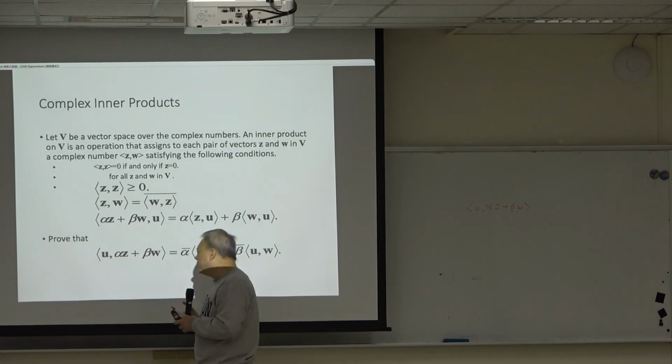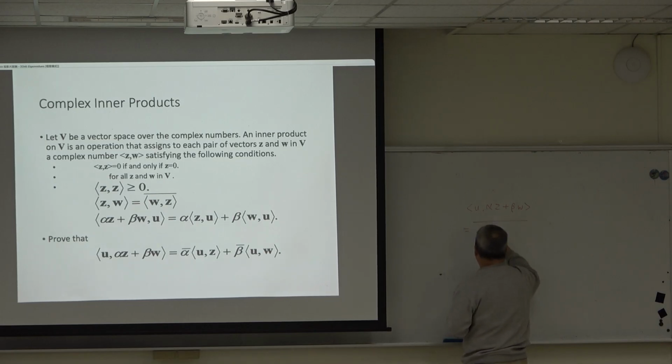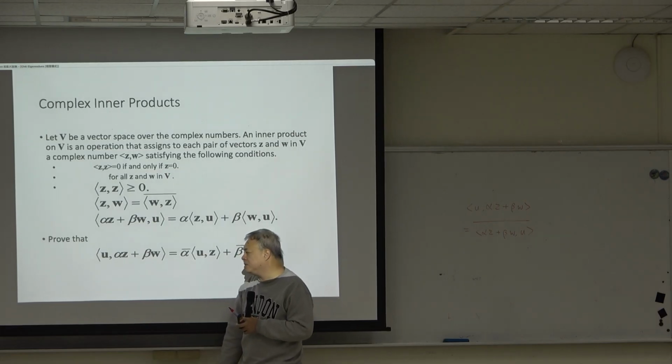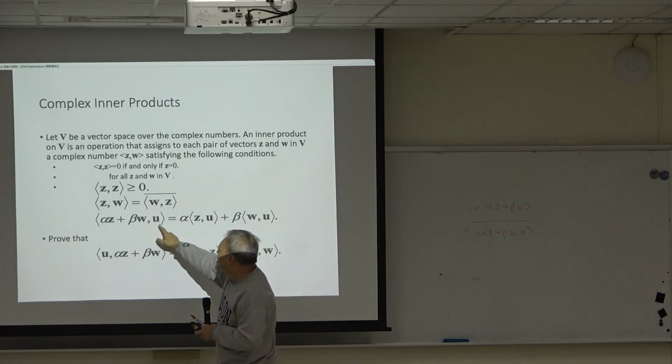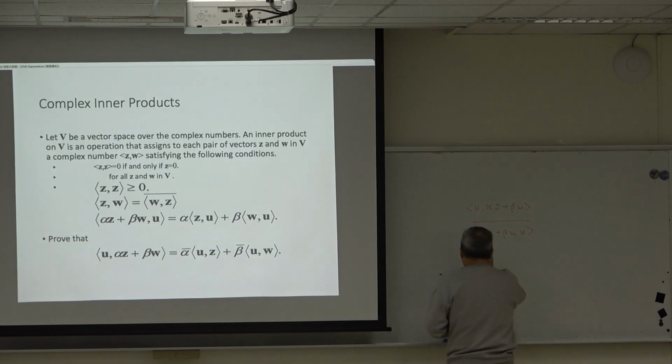So we need to change the order. So it's going to be the conjugate of alpha Z plus beta W inner product U, and then according to that rule, we can use this rule to get our result.